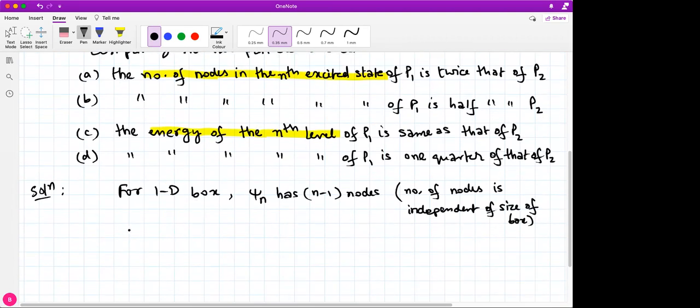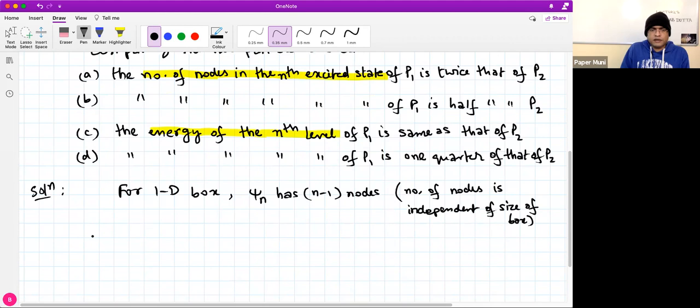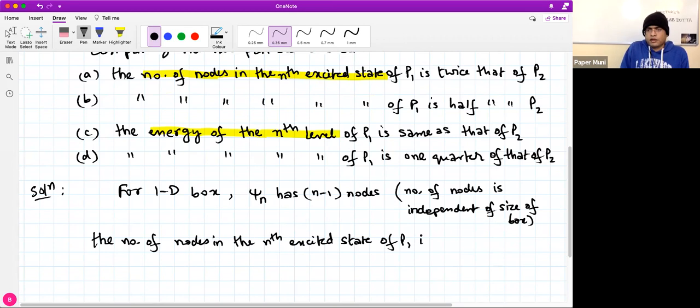So, the number of nodes in the nth excited state of P1 is the same as that of P2, right? So this statement is wrong.